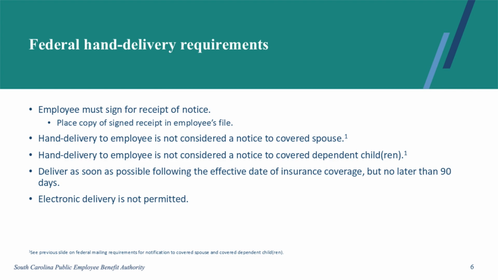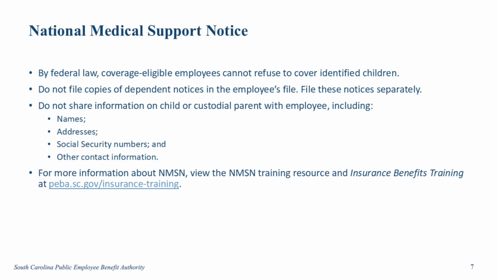When it comes to national medical support notices, according to federal law, coverage-eligible employees cannot refuse to cover identified children. You should not file copies of dependent notices in the employee's file. Rather, file these notices separately. Do not share information on a child or custodial parent with the employee.